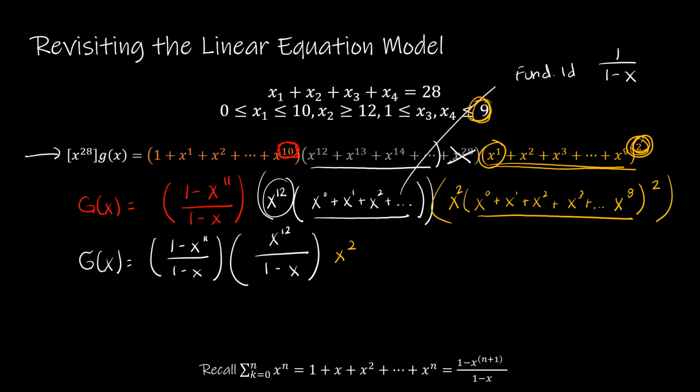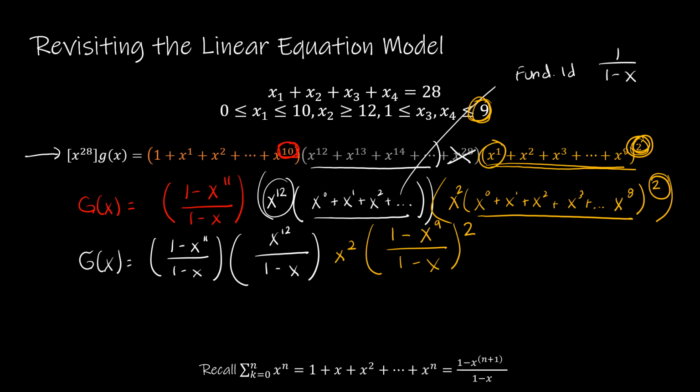So that is going to turn into 1 minus x, N is now 8, but it says n plus 1, so that's 1 minus x to the 9th, over 1 minus x. And now all I want to do is, oh, I'm sorry, quantity squared, because there's two of them. Now I've already squared the 2 out here, so I don't have to worry about squaring it again. I've already taken that x squared out.